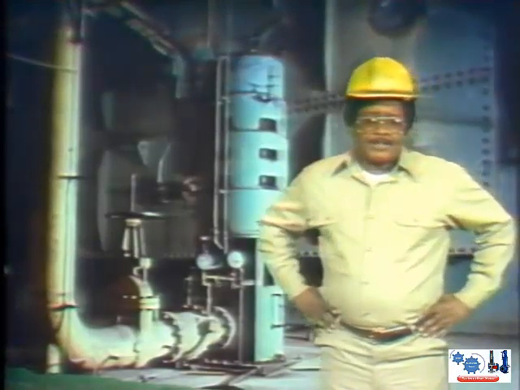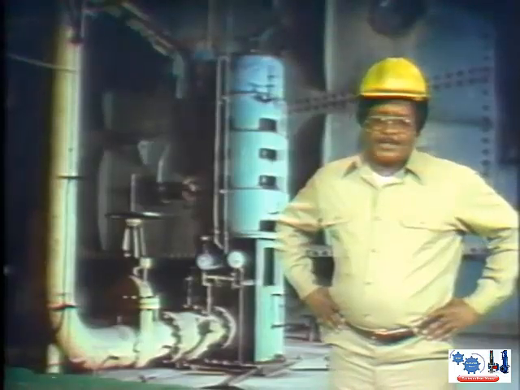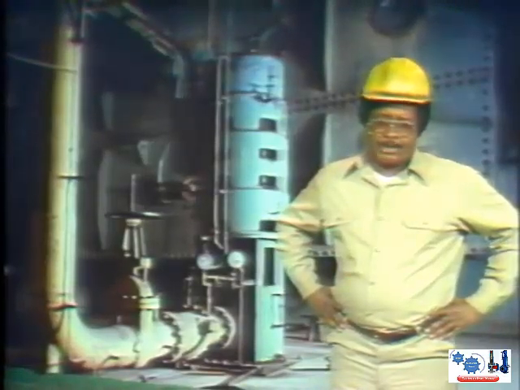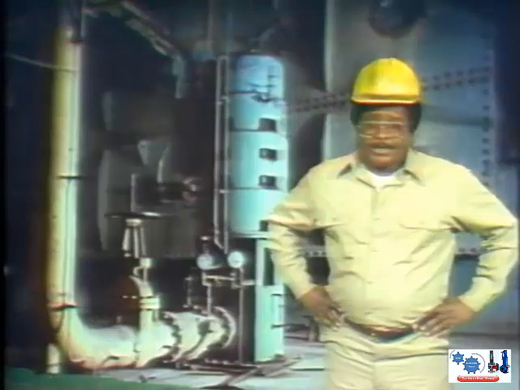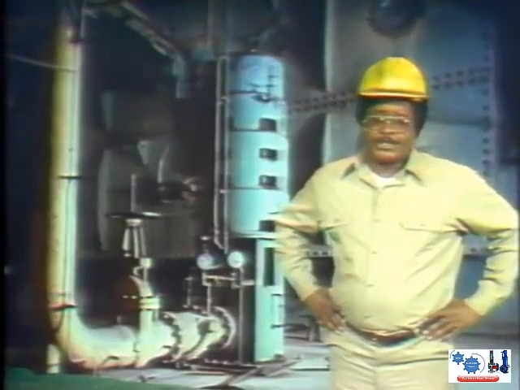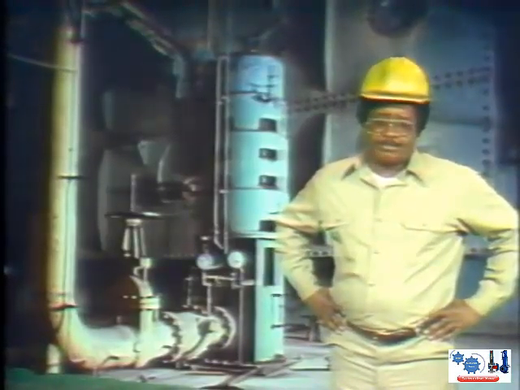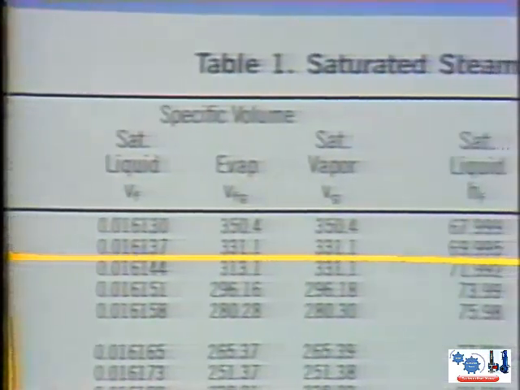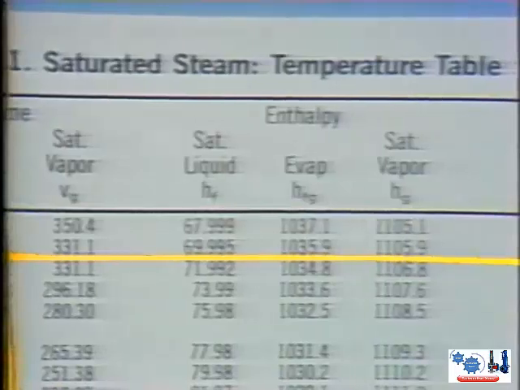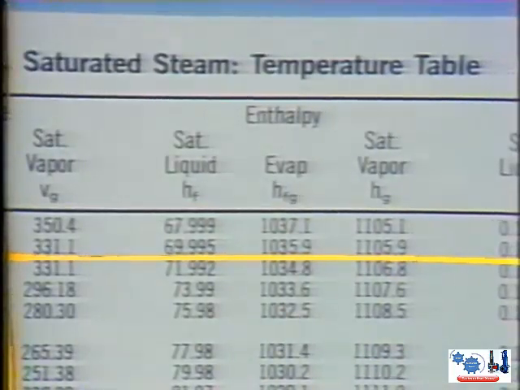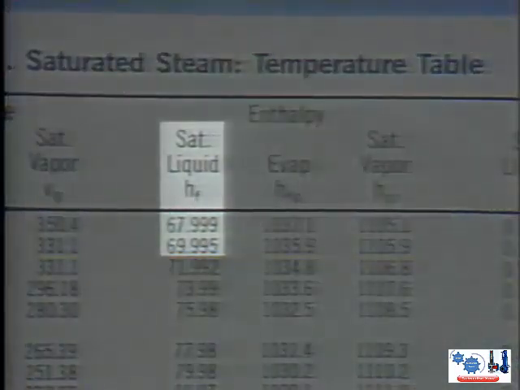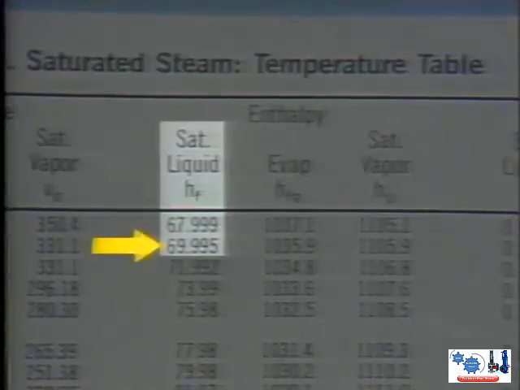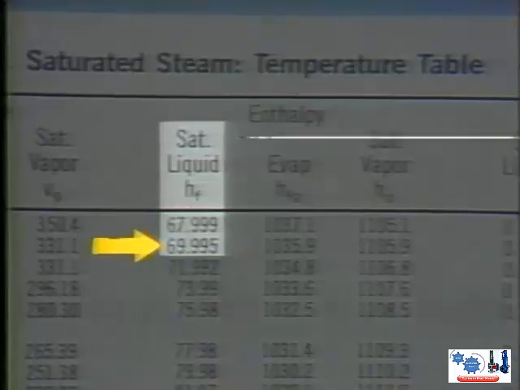Now you can find out something else about the feed water at the discharge of the pump: its enthalpy. As you'll recall, the enthalpy of subcooled water doesn't change substantially with changes in pressure. So, if you follow the line at 102 degrees across to the enthalpy column for saturated liquid, h sub f, you'll see that the enthalpy of the subcooled water is 69.995 BTUs per pound.